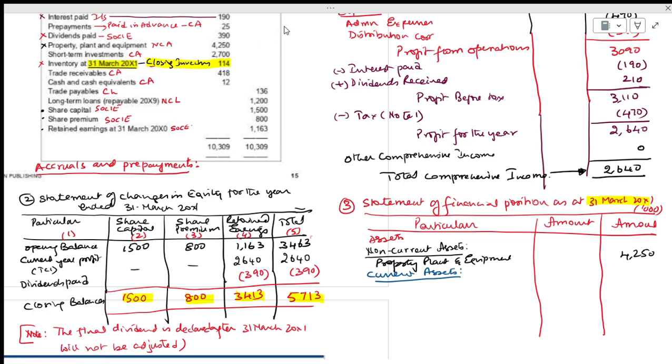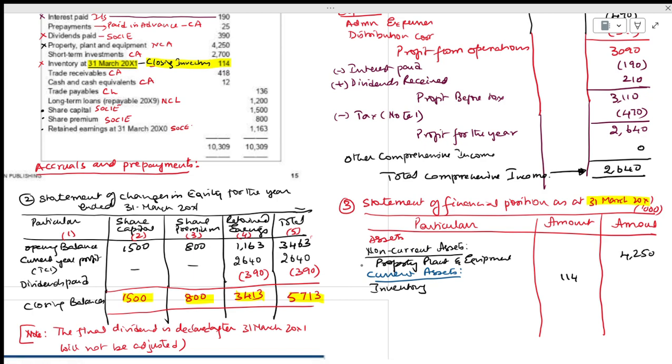We have not focused on that. How much is the closing inventory? 114. Put one cross here. We have not seen this; this is the mistake we will make. We have to check the dates. Dates are very important in every paper.